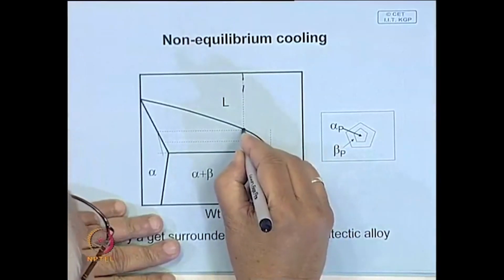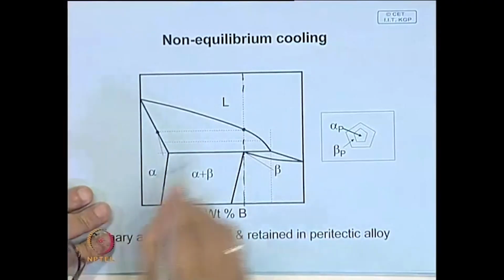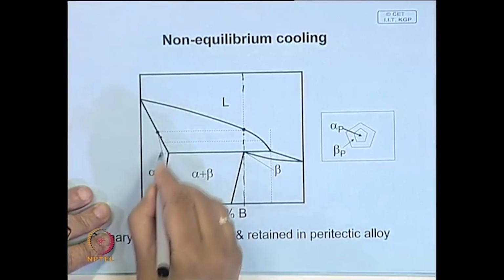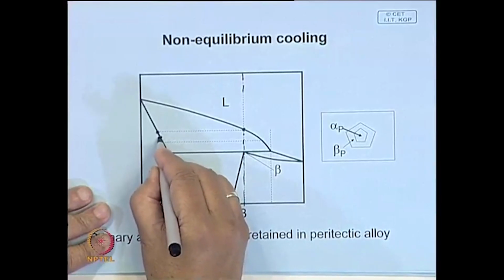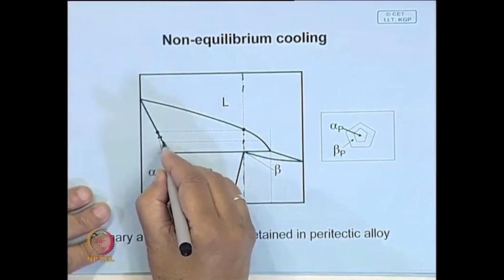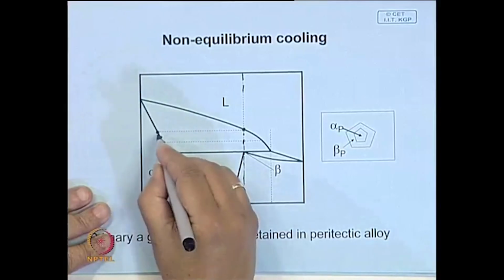Now, the first liquid which precipitates out will have this composition. When it comes here, its liquid composition and solid composition will be this, and the average composition will be this. When it is here, the new solid which precipitates out has this composition, and the average composition is this.